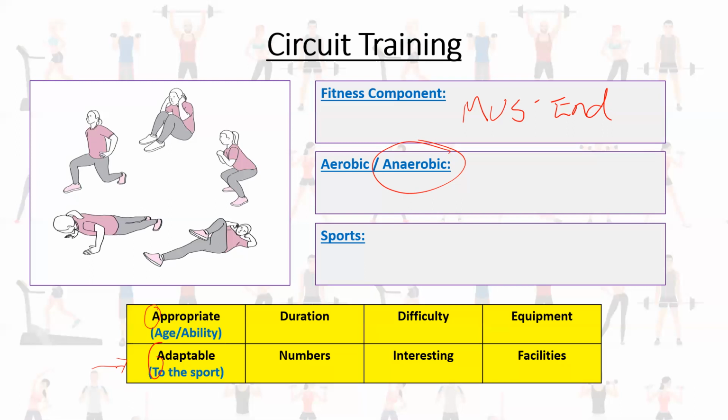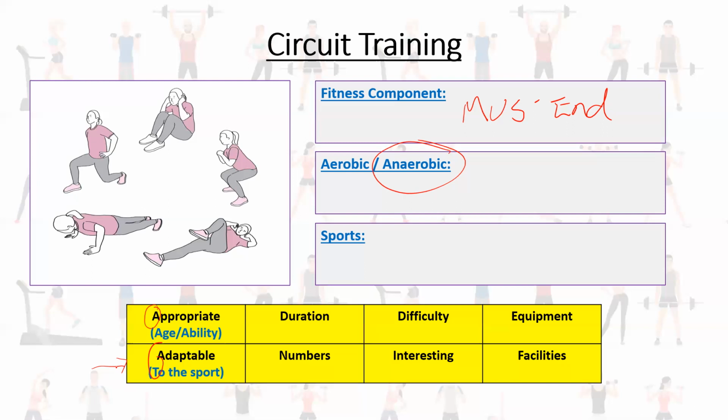You can even build in skills into a circuit. So whilst you're focusing on the fitness element of the circuit training, you can also do a skills-based circuit, or at the very least incorporate skills into it. So for instance, instead of just shuttle runs, you can do shuttle runs whilst dribbling a basketball, or shuttle runs whilst kicking a football.